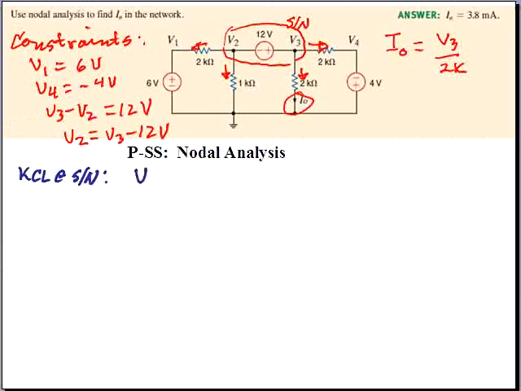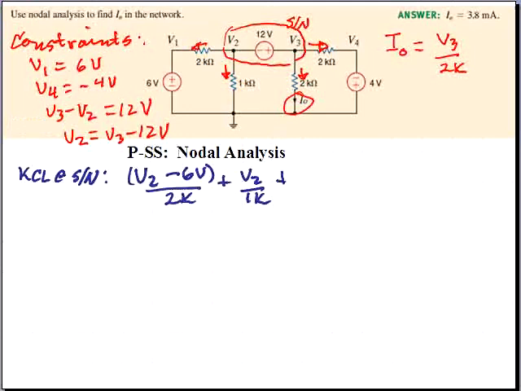and we have a V2 minus V1 for our branch current, but we see that V1 is equal to 6 volts. So that's V2 minus 6 volts divided by 2K plus V2 divided by 1K. That takes care of the 2 currents at the left end of the supernode.